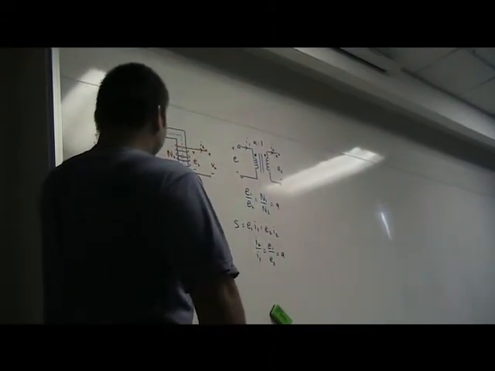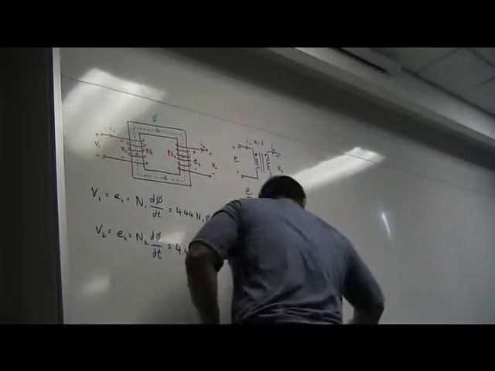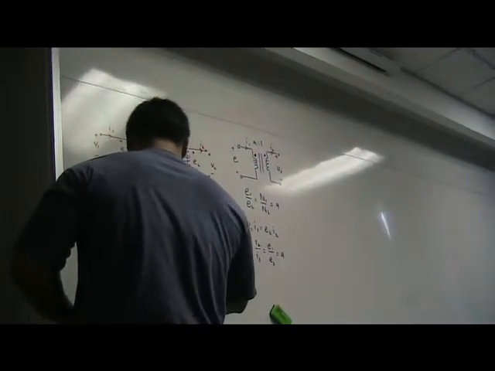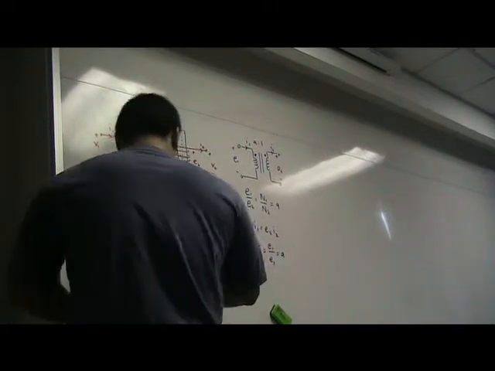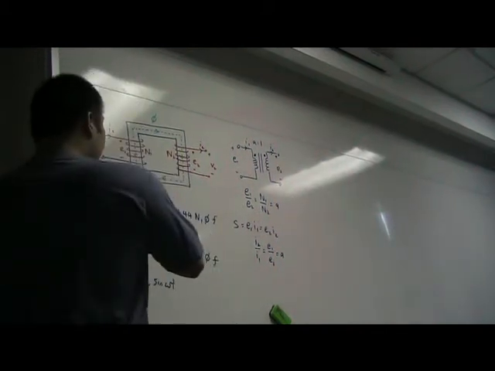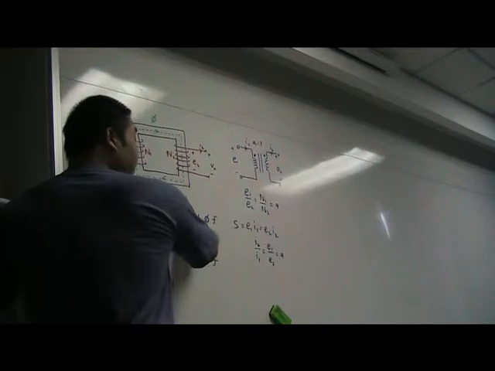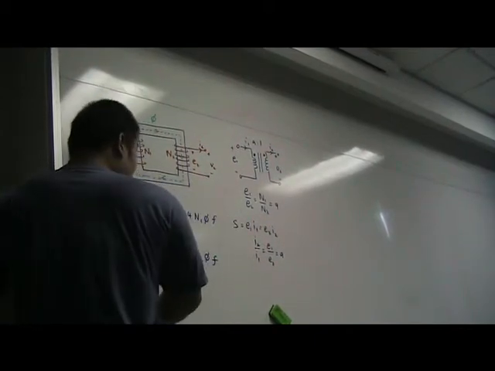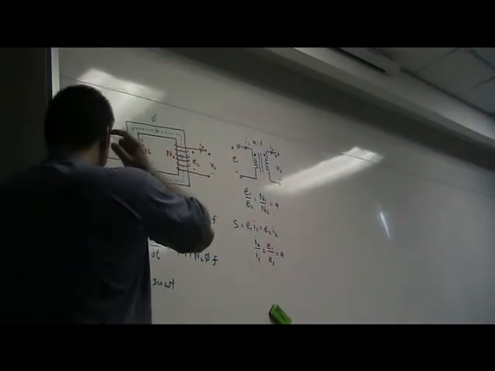Now if the flux is sinusoidal, which should ideally happen, the magnitude of the voltage E1 will be given as 4.44 times N1 times the maximum flux multiplied by the frequency of the input.